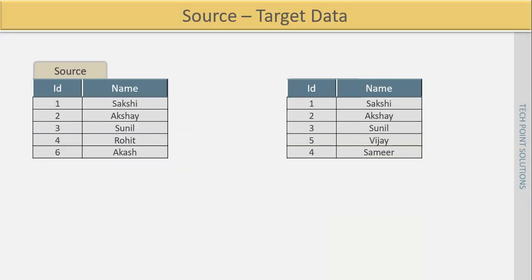Consider that we have source table which contains ID and name, and we have destination table having the same column names, ID and name. Now, look at the source table ID 6 which is actually new in a source table which does not exist in destination table.